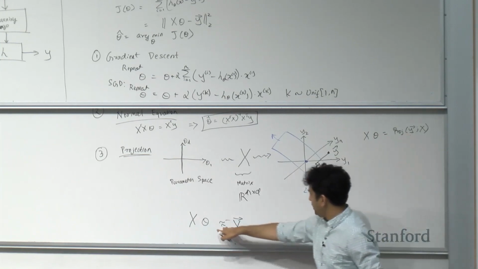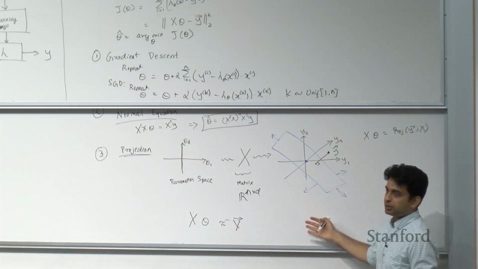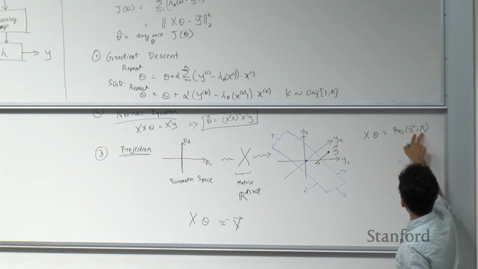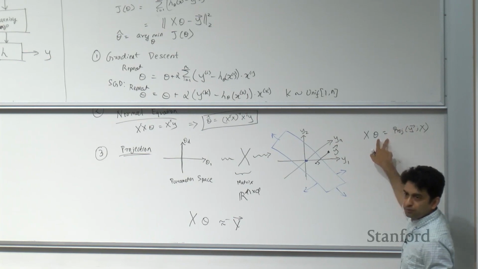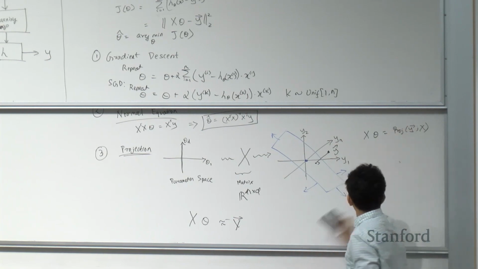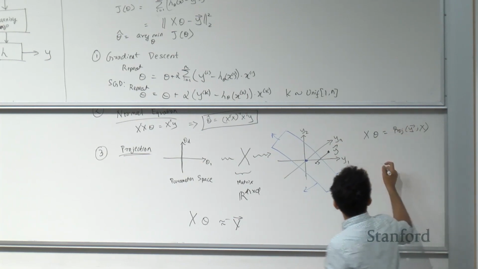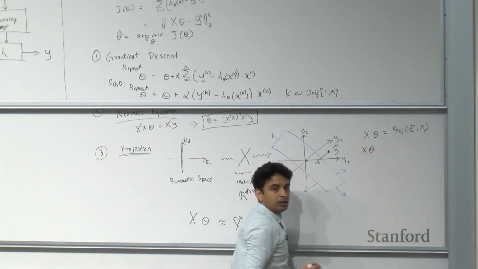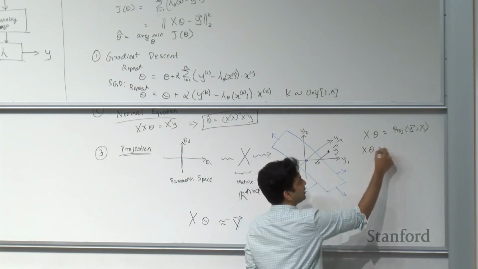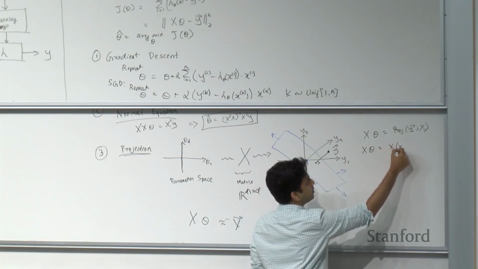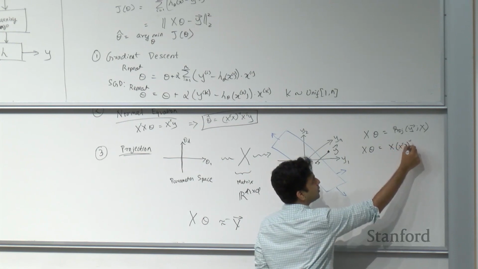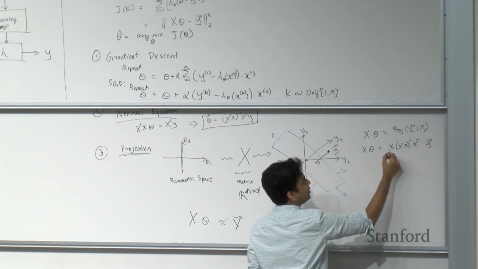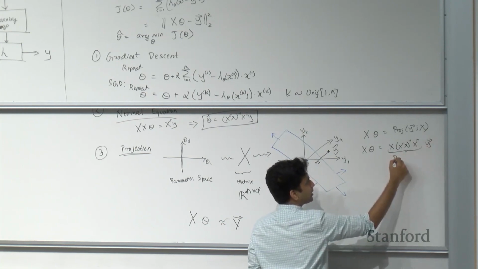This cannot be equal because y can be outside the range, but the projection of y onto the column space of X, by definition, can be solved. And if you remember, the projection of y onto the column space of X is given by X (X transpose X) inverse X transpose y, where this part is called the projection matrix.